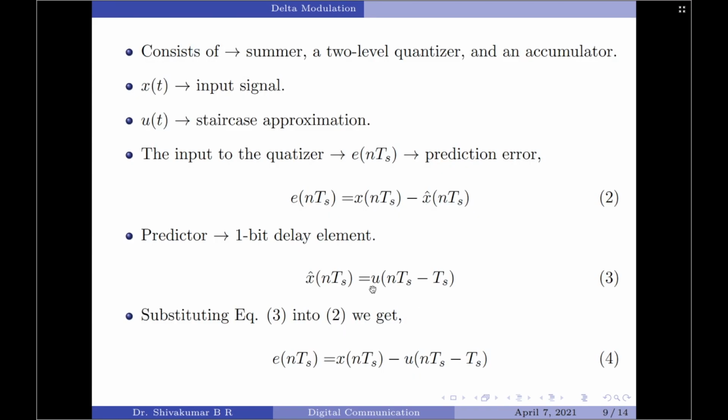So I can write it as u(nTs - Ts). Now substitute equation 3 back into equation 2 in the place of x cap(nTs), which will give us a new equation for e(nTs) as x(nTs) - u(nTs - Ts).